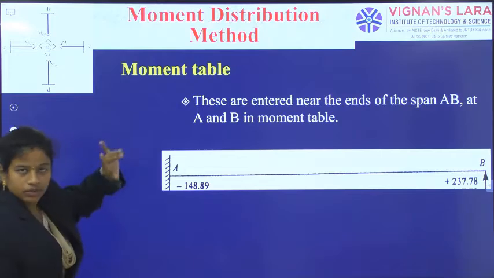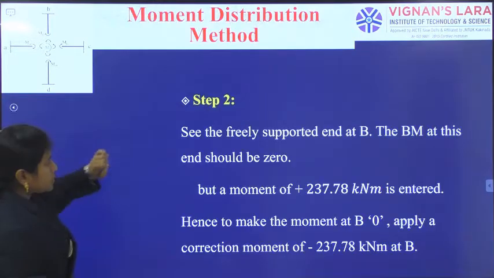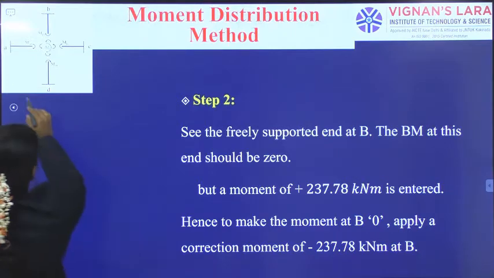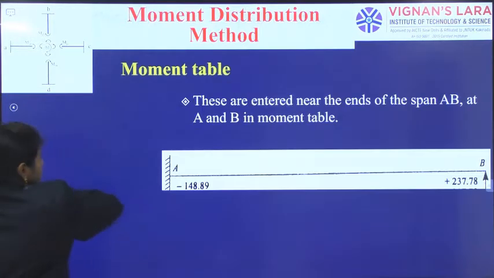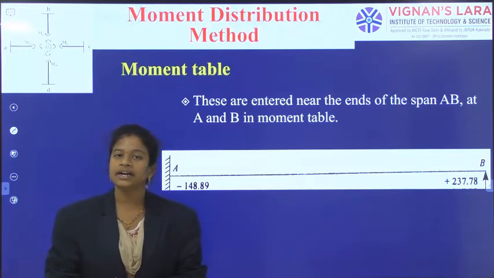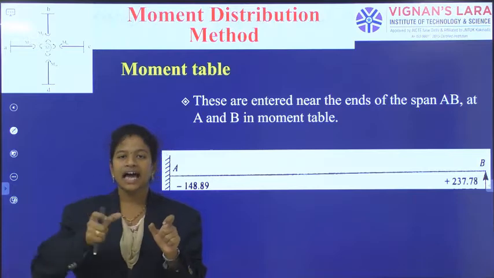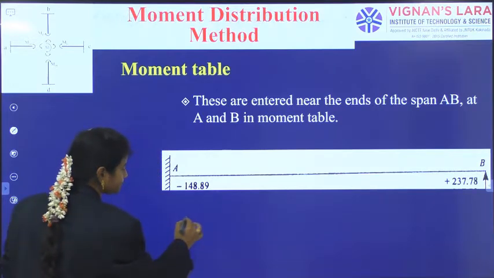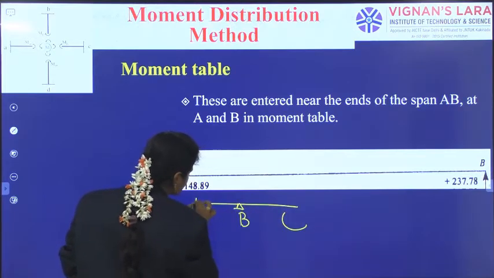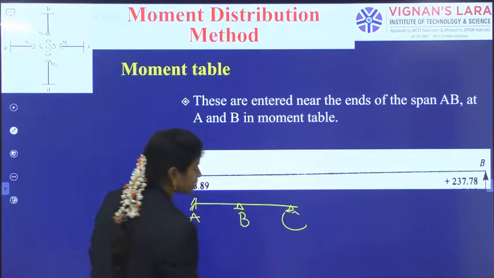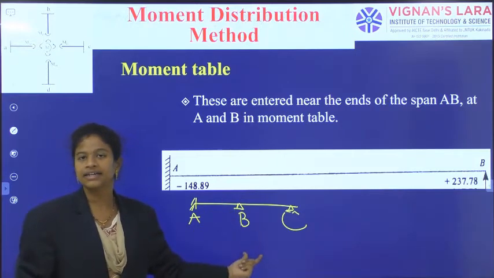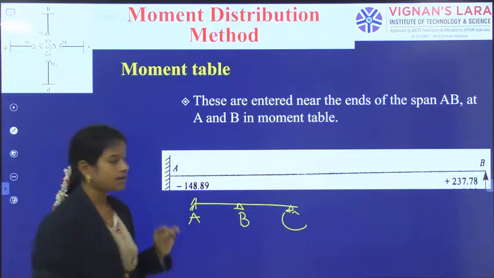So this moment table will be generated later. Next, step 2, the distribution factor step. When will the distribution factor step come? When the beam has a number of spans like A, B, C, with joint conditions and any type of support, then the distribution factor calculation will come.